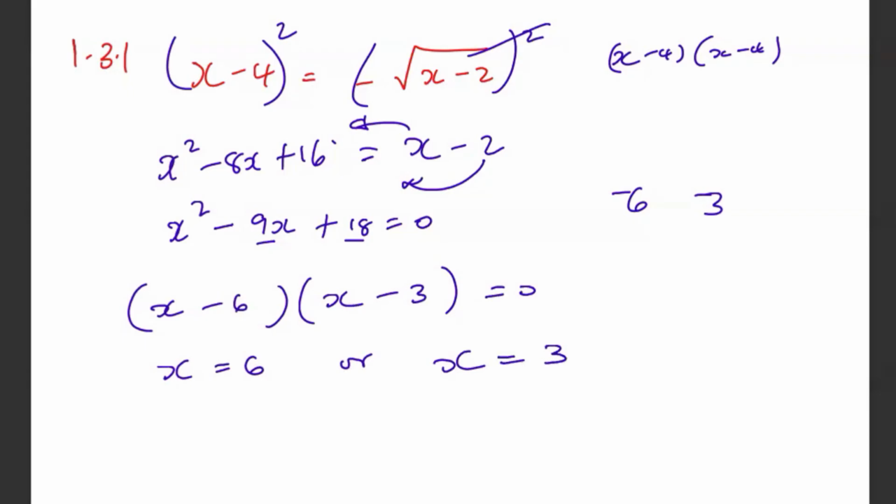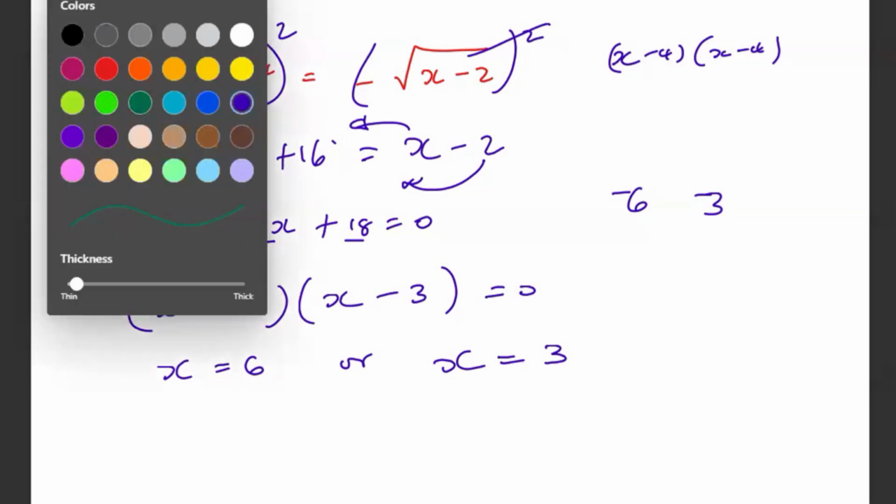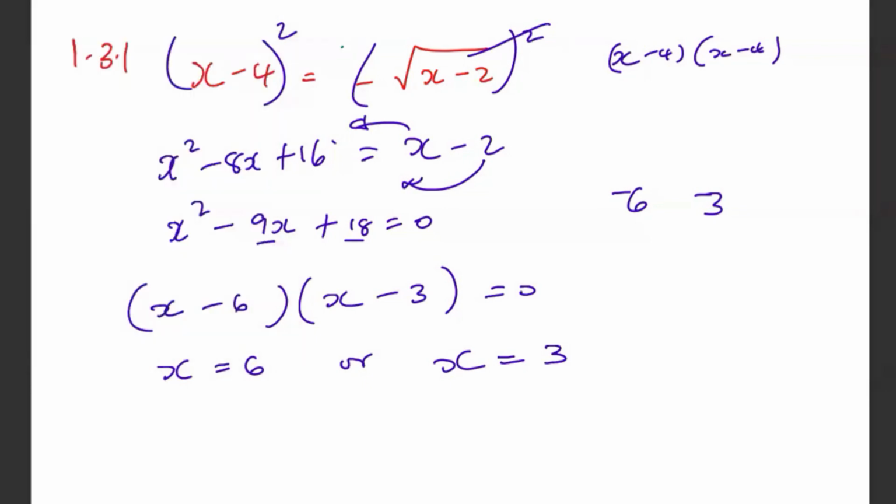Having obtained that, we need to test our answers, okay? Whenever we have a surd equation, there needs to be testing of the answers. So let's see, if we use 6, the original equation was something like this. So 6 minus 4 is going to be a 2.